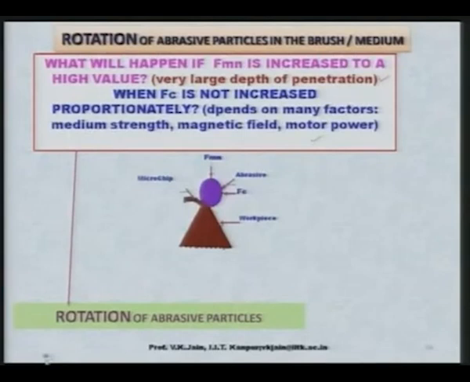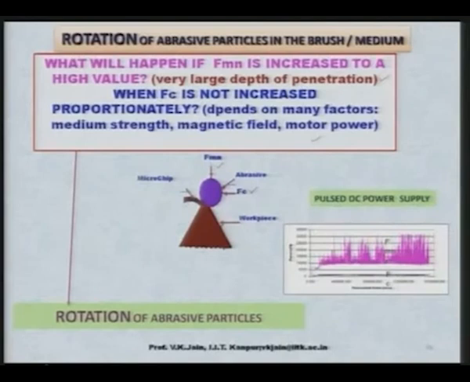We have already discussed that this is the normal force which is coming due to the magnetic field, and this is the cutting force which is being applied due to the rotation of the flexible magnetic abrasive brush, and that power comes from the electric motor. These variations in the forces we have already seen.